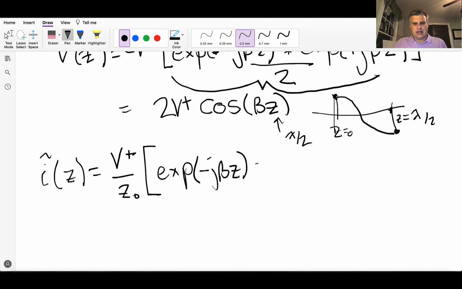Remember, I have a minus sign here, but I also have the same amplitude waveform going backwards. There we go.